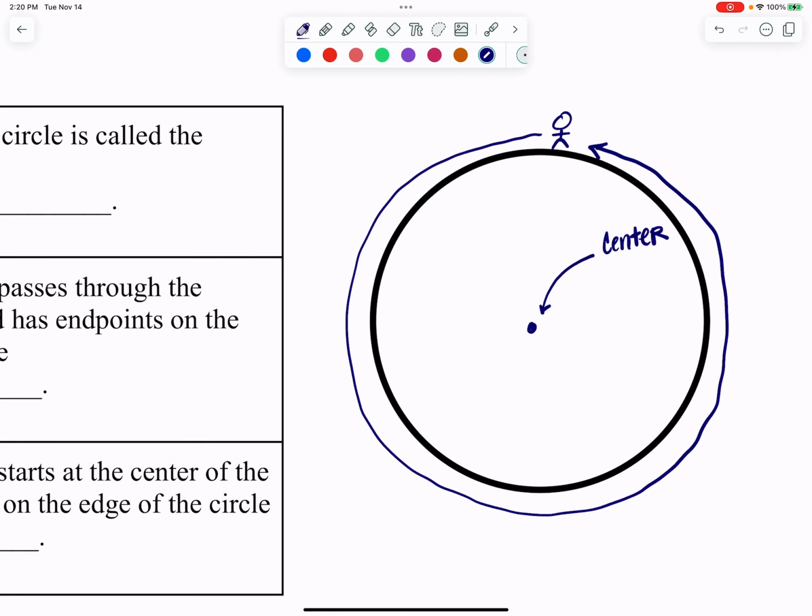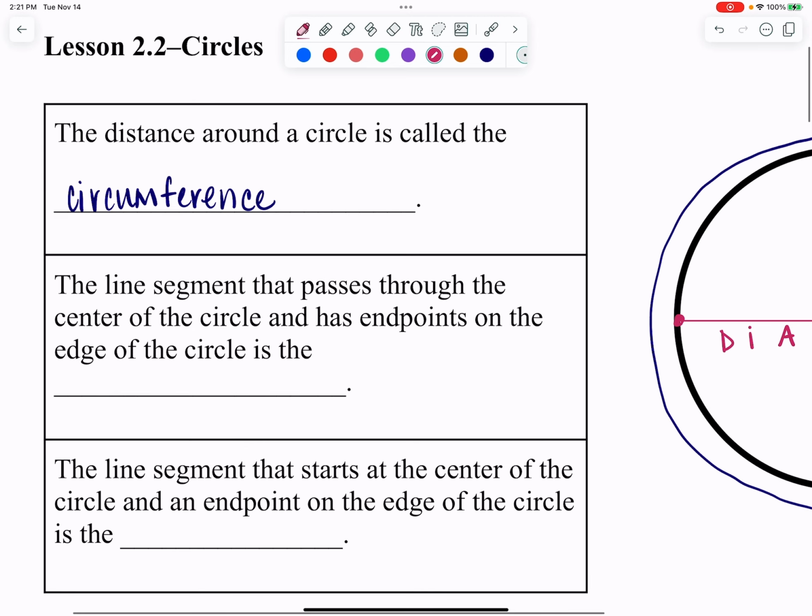So we want a line segment that passes through the center of the circle and has endpoints on both sides of the circle. This one is called the diameter. Diameter starts on one side, goes through the center, and stops at the other side.